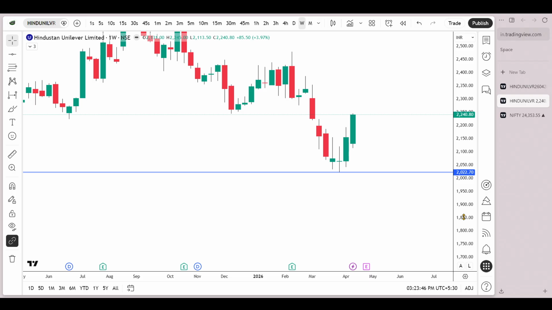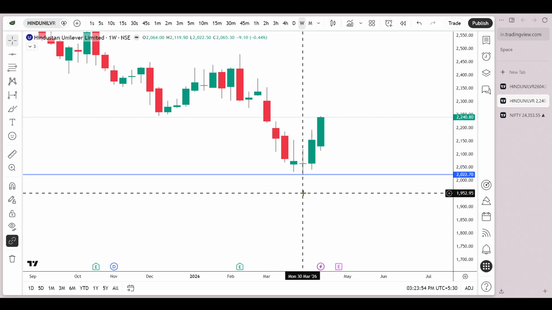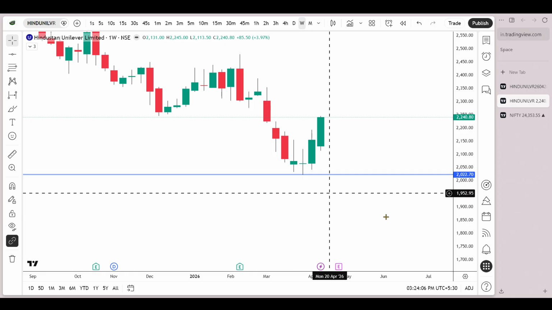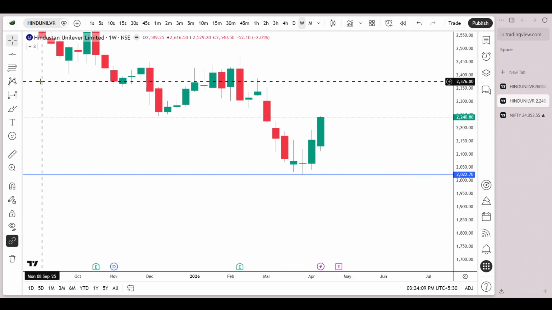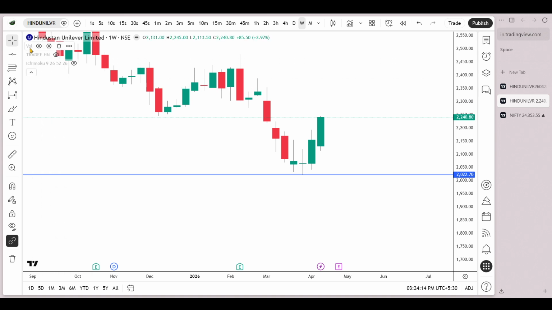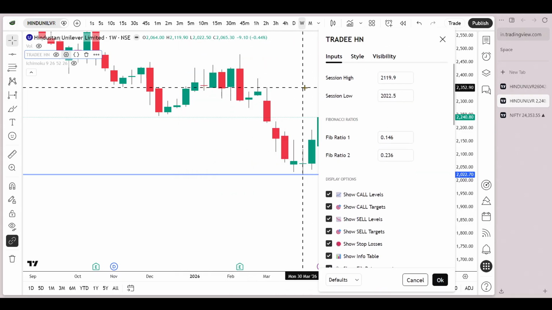Now based on this, we will mark the high and low on this doji candle for trading the next cycle, that means the next positional day. Why am I choosing only the doji candle?